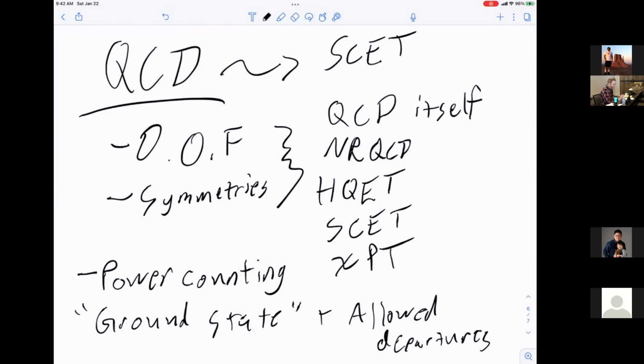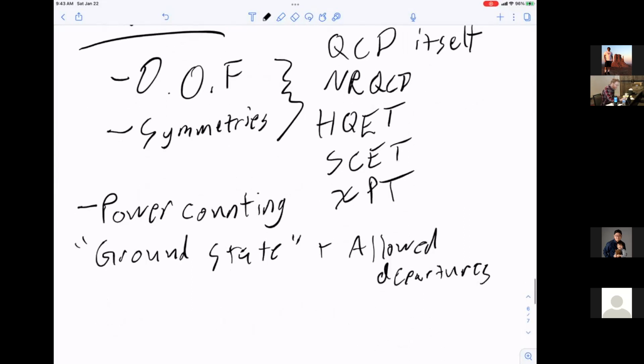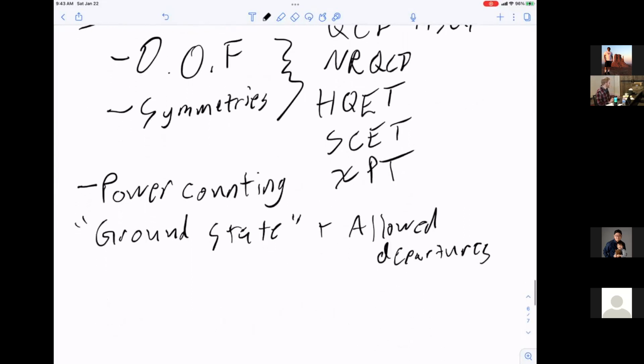Once I have my power counting, then I'll select out one of these particular theories that I wrote down as being the actual object of interest. Because maybe my ground state is bottomonium, in which case I want to be using NRQCD. Or maybe it's just some B meson, in which case I want to be using HQET.